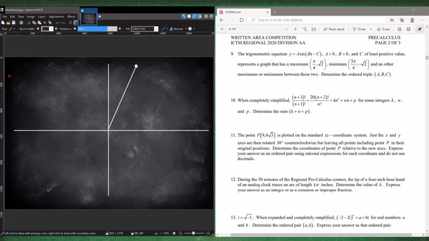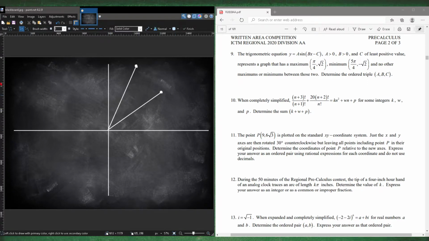If the axes are moving 30 degrees counterclockwise, and the axes stay the same, then you have to move the point relative to the axes by 30 degrees clockwise instead. So it looks something like this. Our line will rotate 30 degrees clockwise this way.